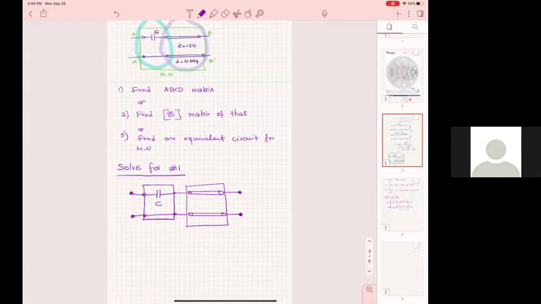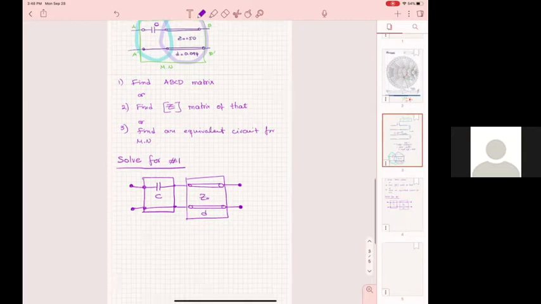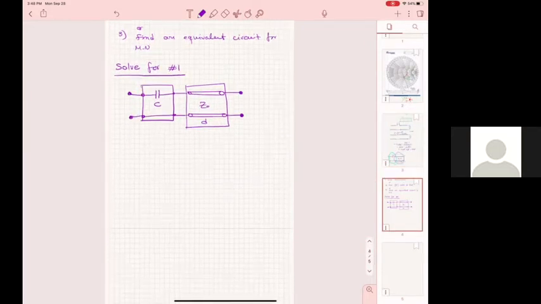C here, D, Z naught. And if you go to your book, it has the ABCD matrices. For the first one, which is a capacitor, let's call this Mn1, and this is Mn2.